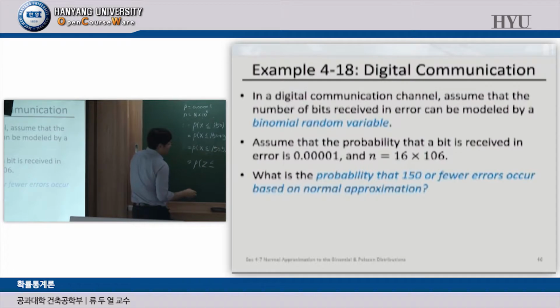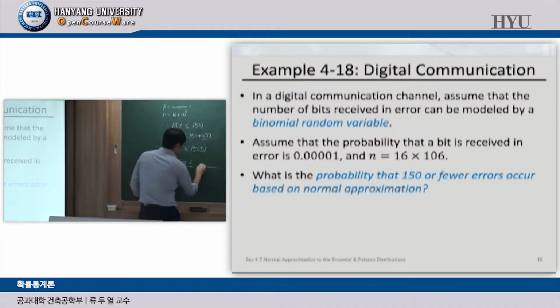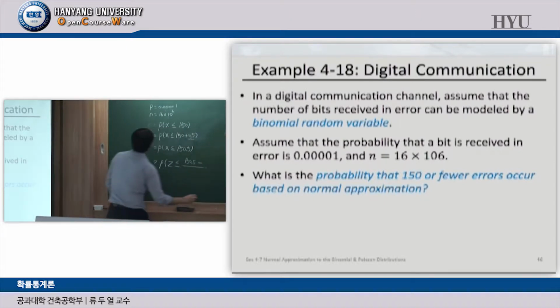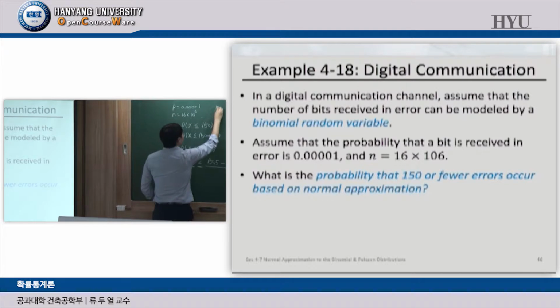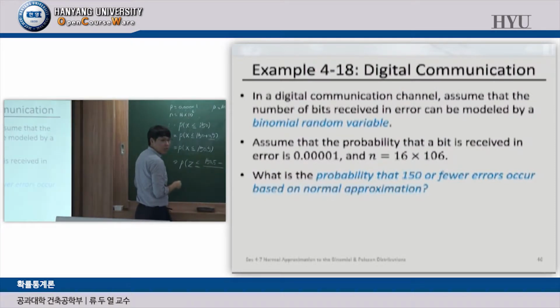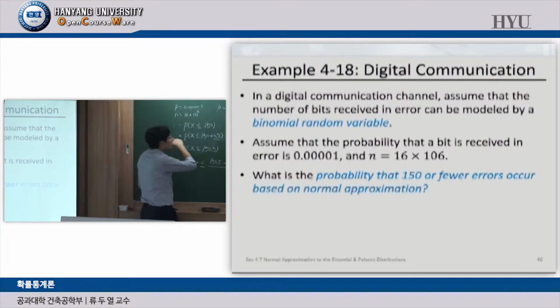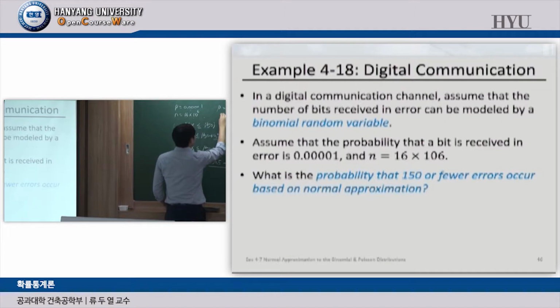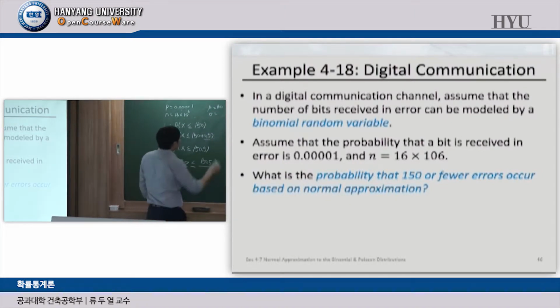And in this case, we can change this to the probability of z smaller than or equal to 150.5 minus, what is the mu here? Mu is 160, right? Because this is n by p, right? And sigma square will be 160 as well, okay?